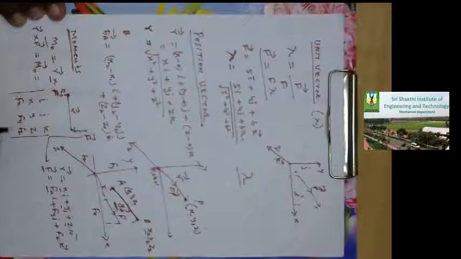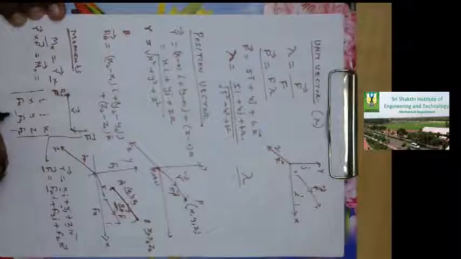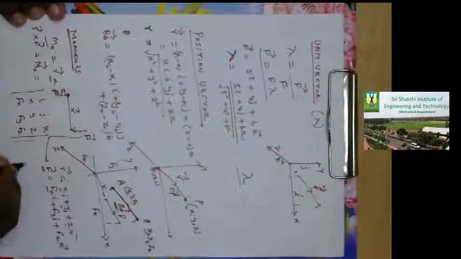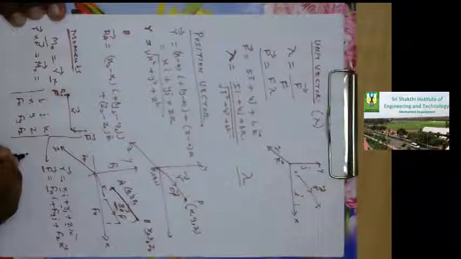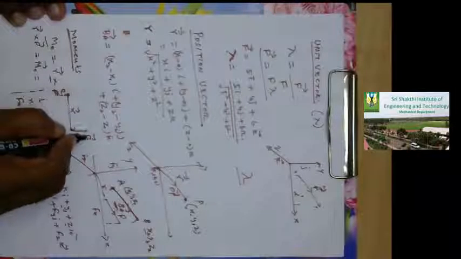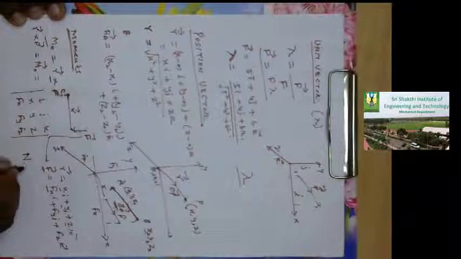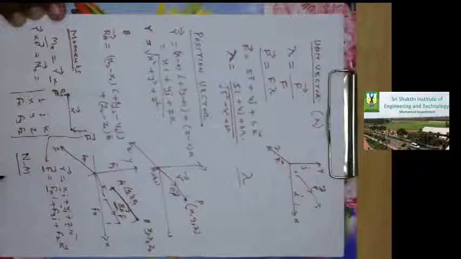So the M vector, that is the moment, can be calculated by solving this determinant. Again it is a vector quantity in terms of i, j and k. Its unit: the force is in Newton and the distance in meter, so the unit of this moment will be Newton meter.